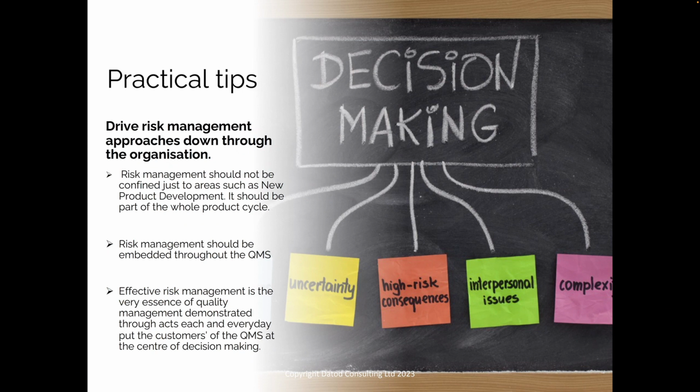Another practical tip is you need to start thinking of approaches where you can embed risk management throughout your organization. It's generally confined to areas such as new product development, but you really should start the conversation of how you move it away from that area and start moving it not just down through the organization, but across the organization. And really, effective risk management is a core competency of a quality professional, and it is the very essence of quality management.